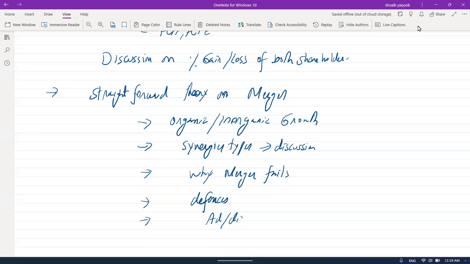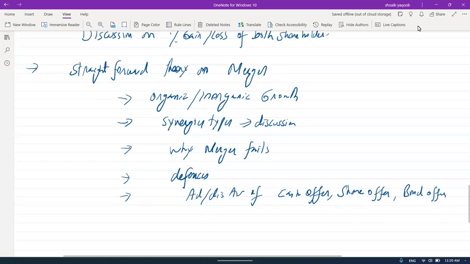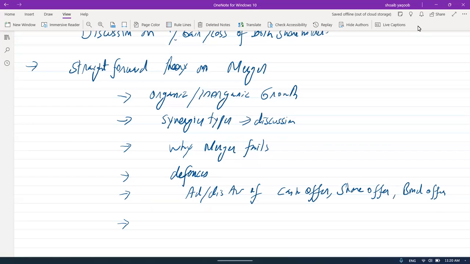Advantages and disadvantages of cash offer, share offer, bond offer. Then takeover regulations. It's very simple, straightforward theory, and can be tested.